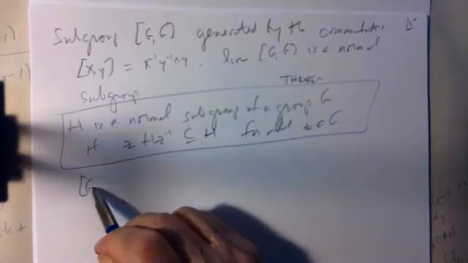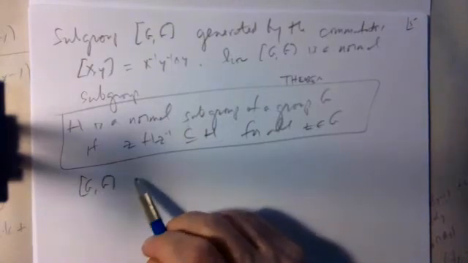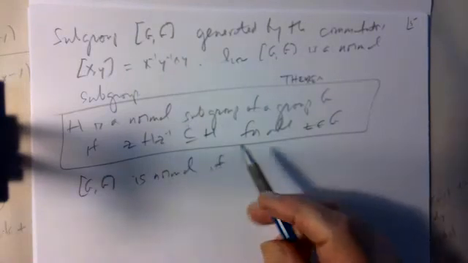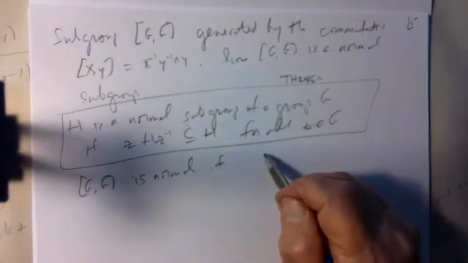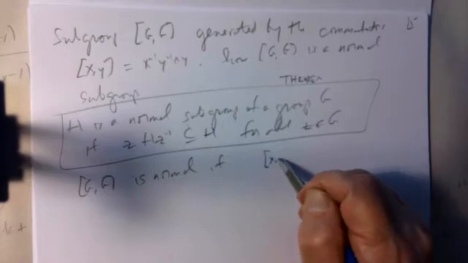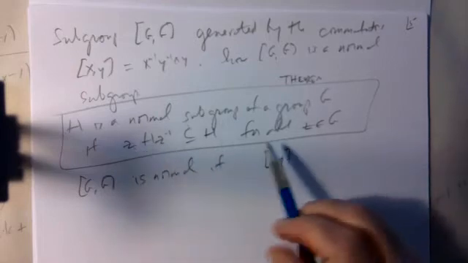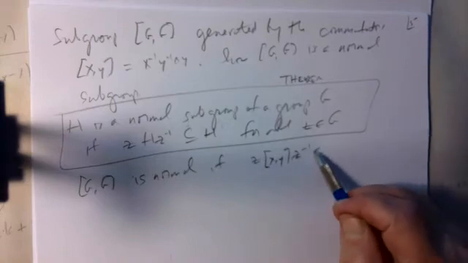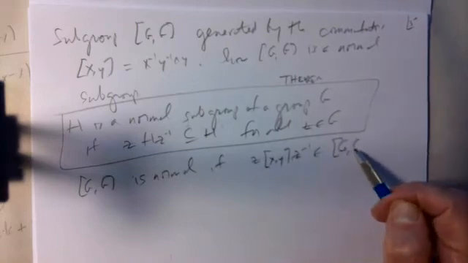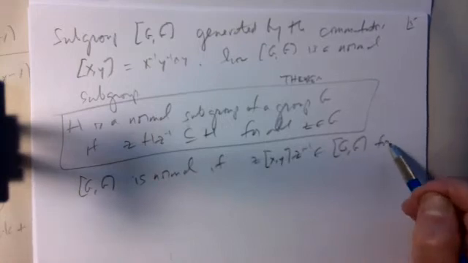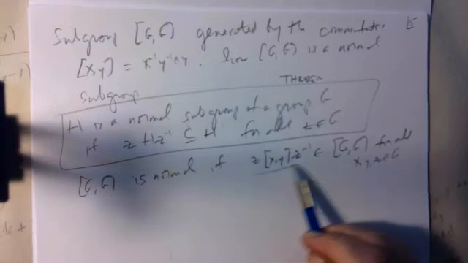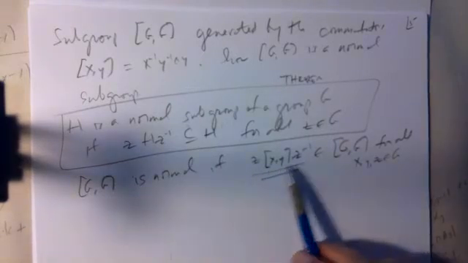So it's enough to show that [G, G] is normal if, for every commutator [x, y], if you multiply it on the left by z and on the right by z inverse, this is contained in this subgroup for all x, y, and z in the group. So we just have to show that the subgroup contains every element of this form.